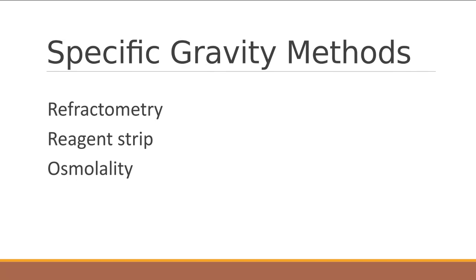Your reagent strips are going to change based on the ions. They're not going to be affected by the size, remember. And then your refractometer is going to measure the refractive index. And because of that, size does matter. So any type of a large molecule you have has to be corrected for. And those were the things like glucose and protein.